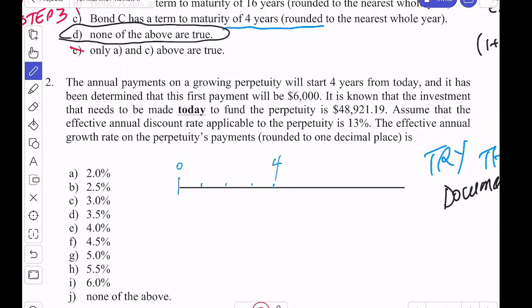So this is 4 years. I always note what the interval of time is. And it's going to be $6,000. It is known that the investment that needs to be made today to fund the perpetuity is $48,921.19.